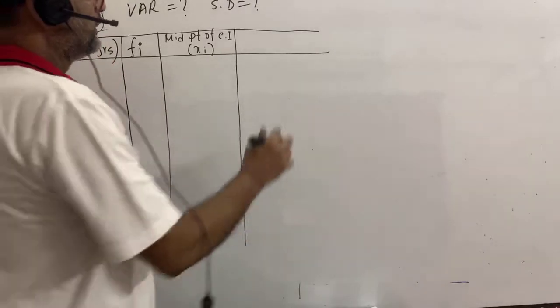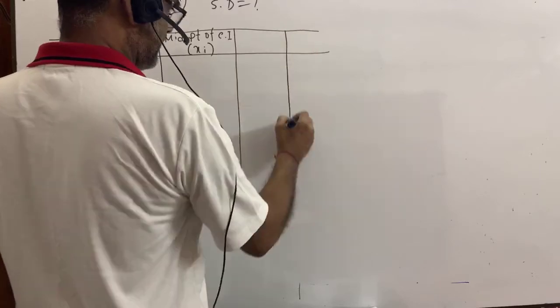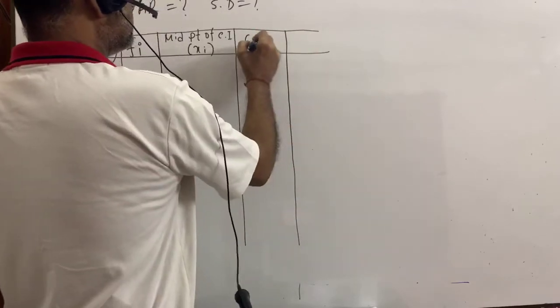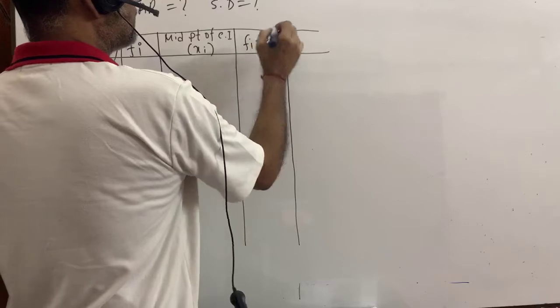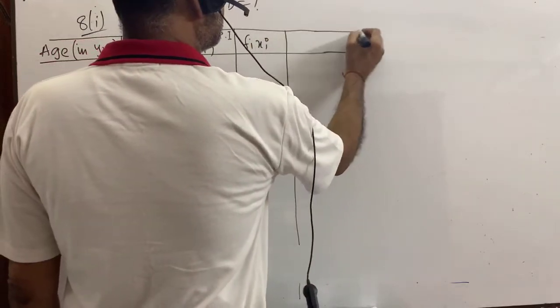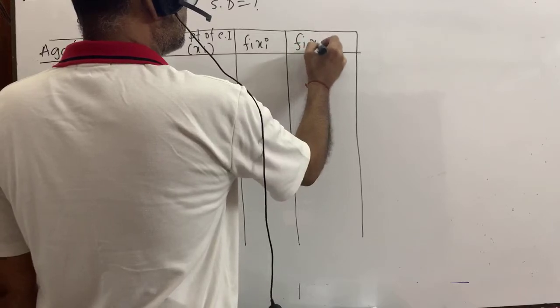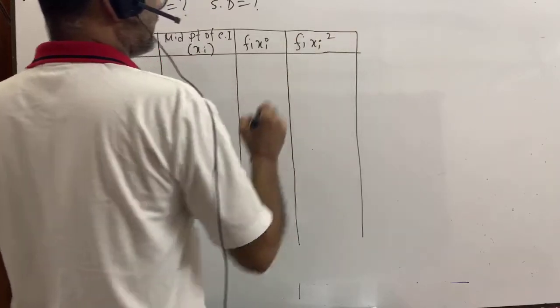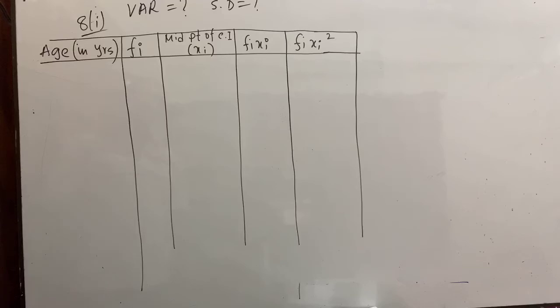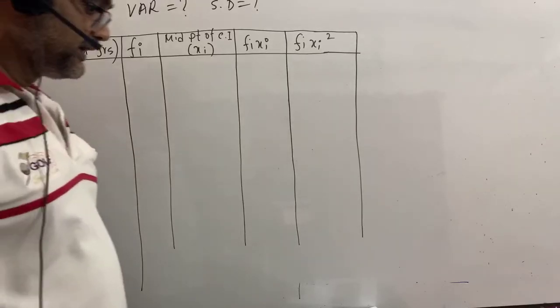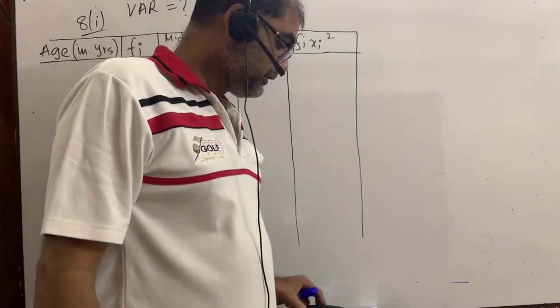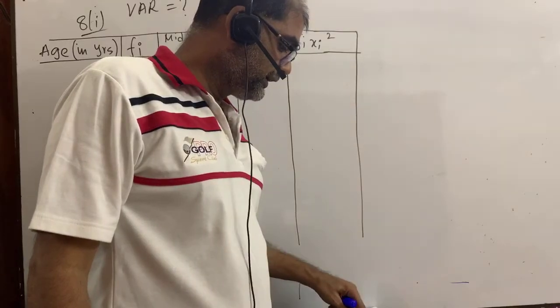Okay, now you write down fi xi, then you write down fi xi square. I have written, okay. So what is given here? You are given here from 20 to 30.